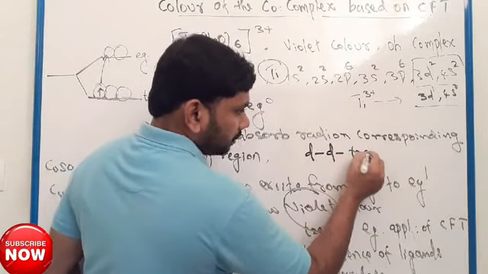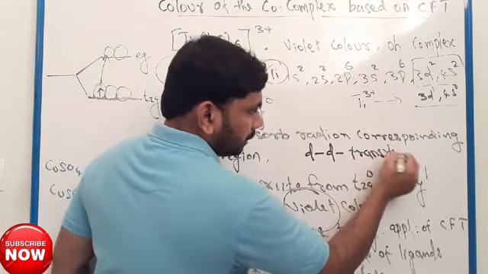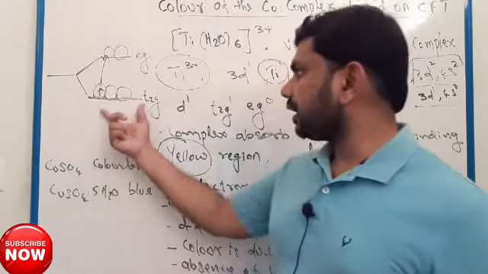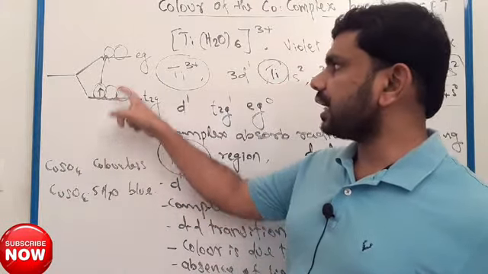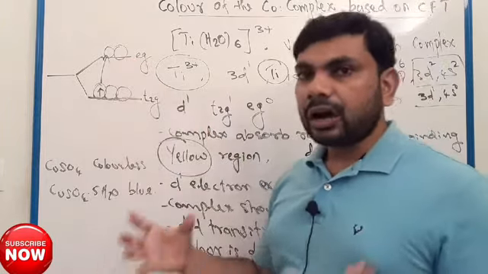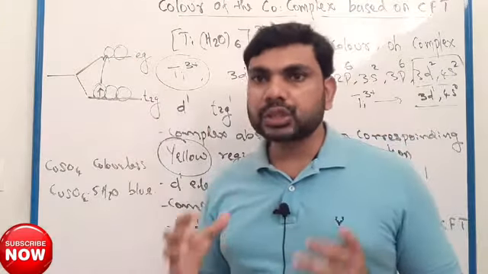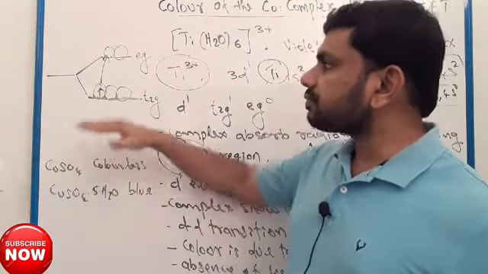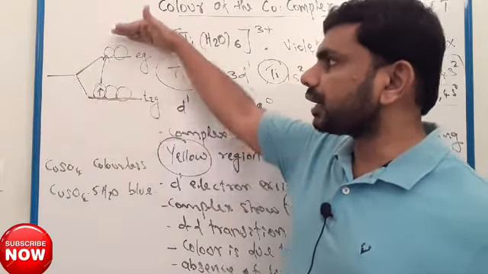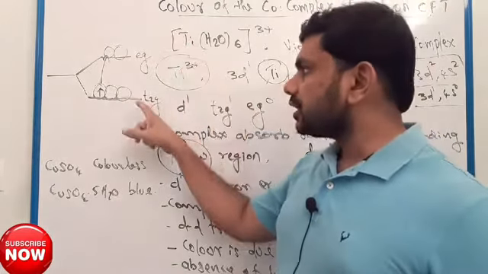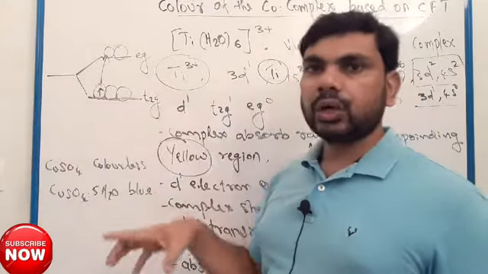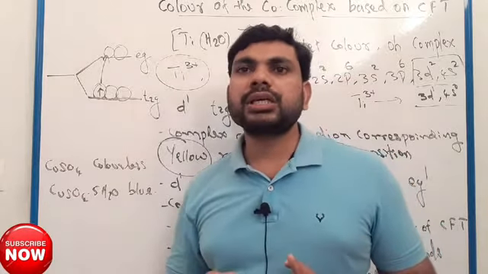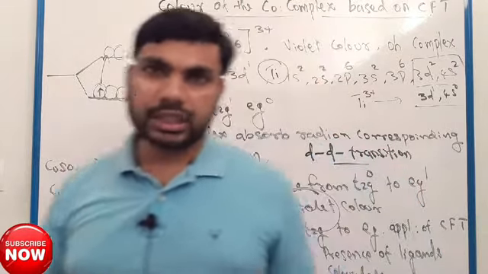A dd transition means the electron moves from lower energy to higher energy after receiving radiation with suitable frequency. In this case, t2g to eg. This transition produces color and is called a dd transition.